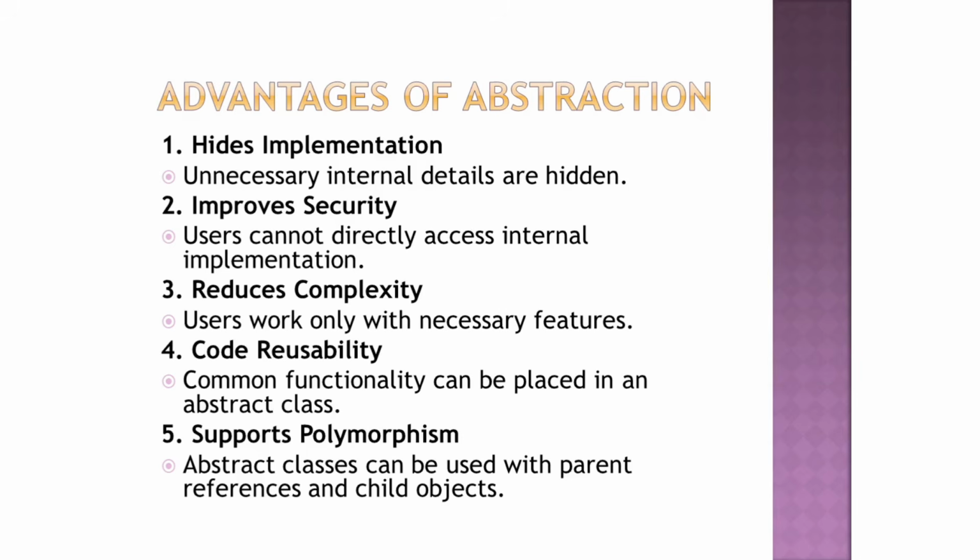We discussed abstract classes, abstract methods, the syntax, important rules, and a complete Java program. Finally, we compared abstract classes with normal classes and discussed the advantages of abstraction. Remember the simple concept: what to do is shown, how to do is hidden. Keep practicing the program yourself because coding practice is the best way to understand Java.